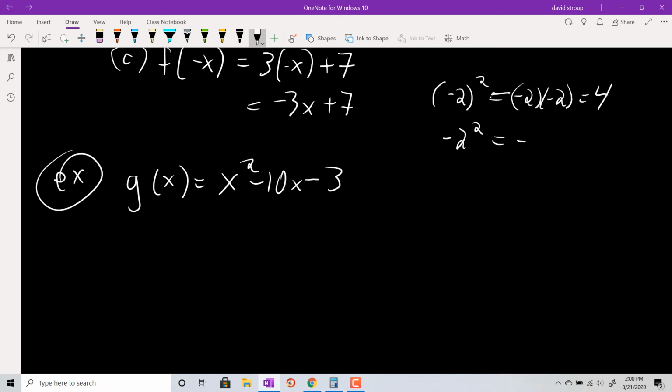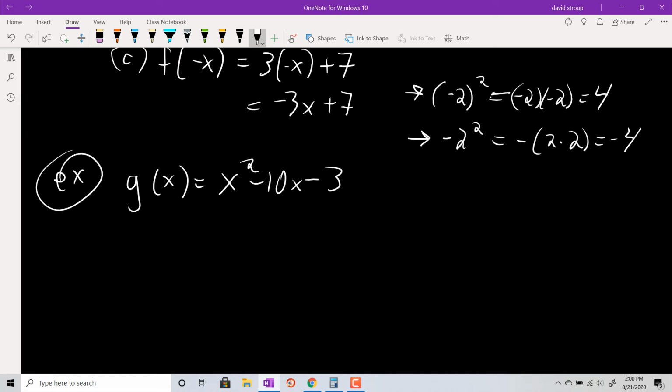And then the second one is negative 2 times 2, which is negative 4. Okay, so it's about the base. The base in the first expression here is negative 2. The base in the second expression here is positive 2. Okay? So the exponent does not affect the negative in the second case.